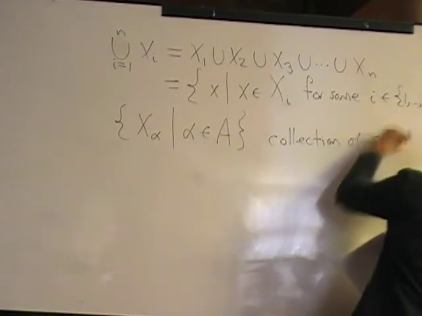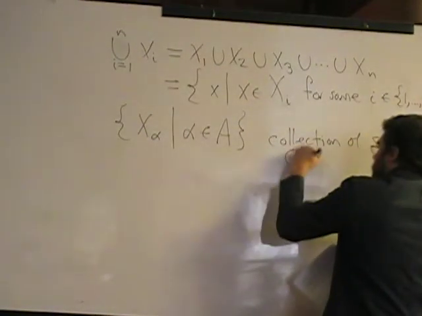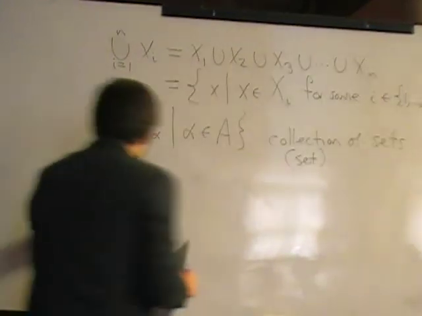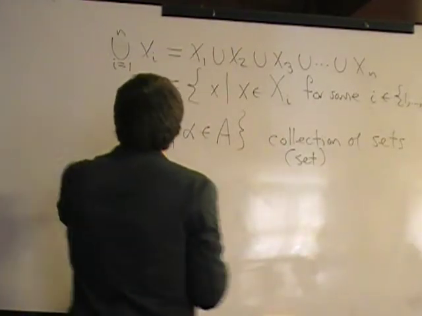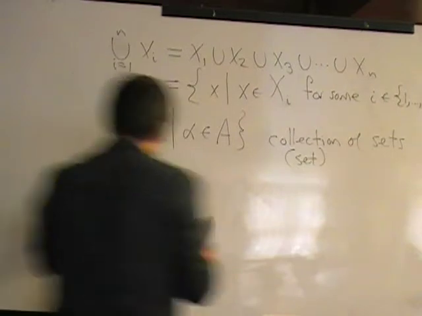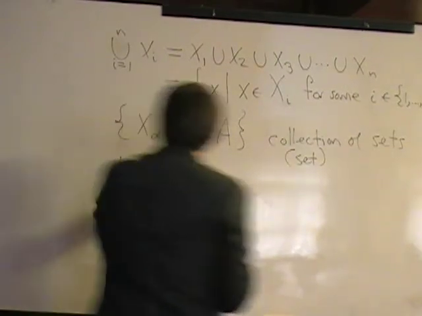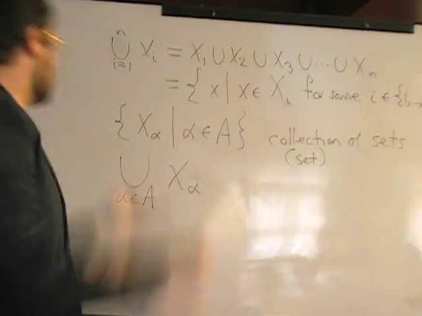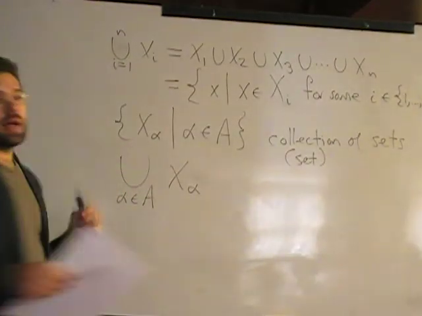You have to be a little careful, but you can think of it as a set of sets if you want. So we write this. We say U for union, and down here we write alpha, an element of A, and we write the X alpha. So this is just notation to mean that you're taking the union of all the sets X alpha.